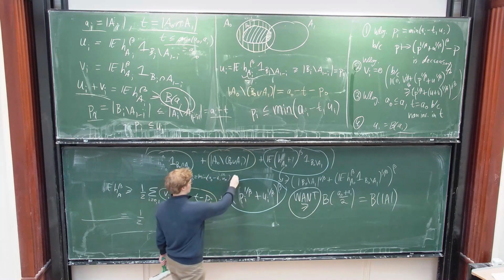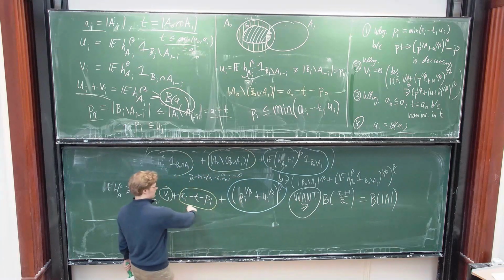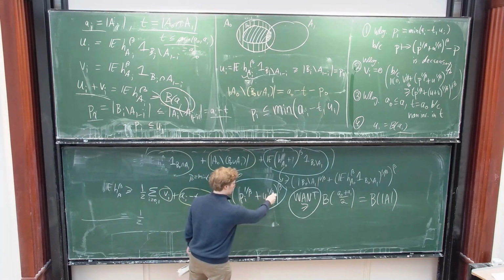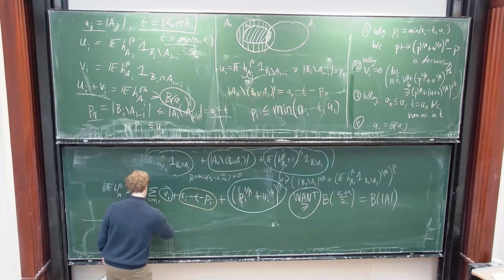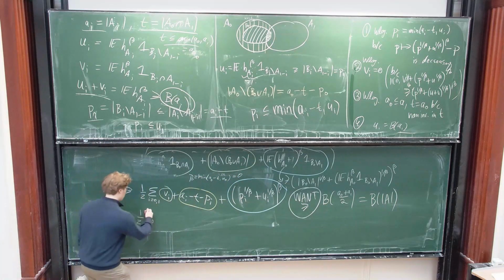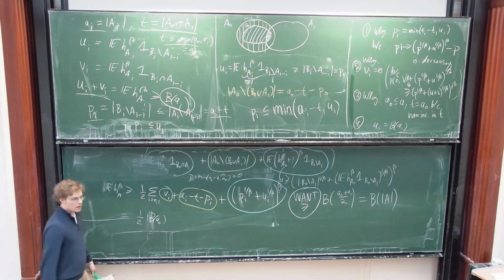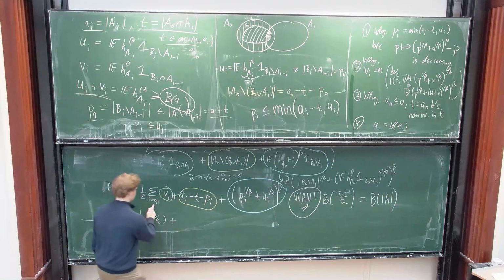This is 0, so it is 0. This is all 0, and this is just U0 to the 1 over beta to the beta, so all that we have is U0. But U0 was B of A0, right? And so this is the 0 bit.